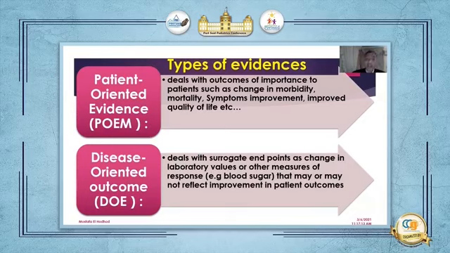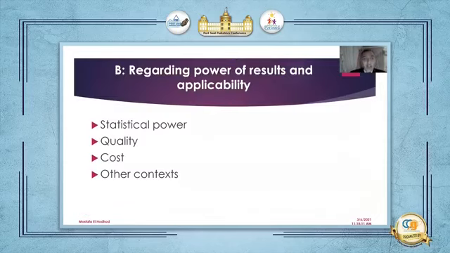Actually this is superior to disease-oriented outcome, which deals with surrogate endpoints such as laboratory findings, blood sugar, lipid profile, which is good evidence, but not to that of clinical outcome. You can assess the results regarding the power and applicability by statistical power, by quality of evidence, by cost and other contexts.